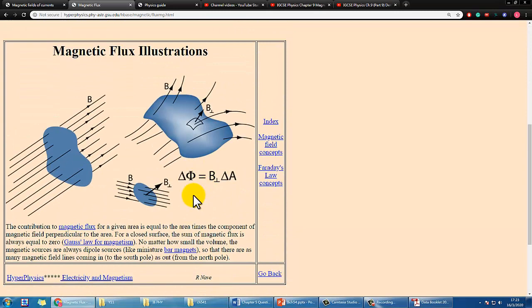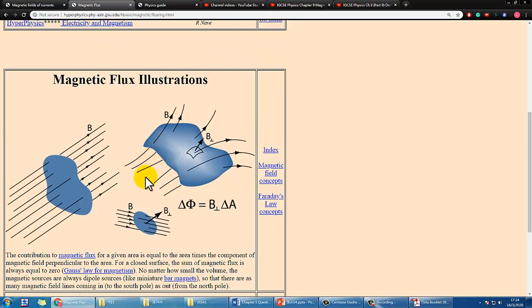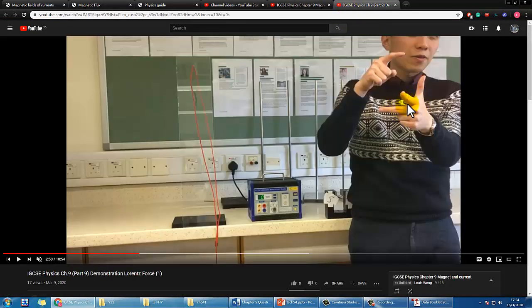And so what about the angle then, you may ask? When there is a B field going at a certain angle, remember when we did the hand rules, all of this was 90 degrees. So what if they are not 90 degrees? Then the force would simply be weaker, you may think.